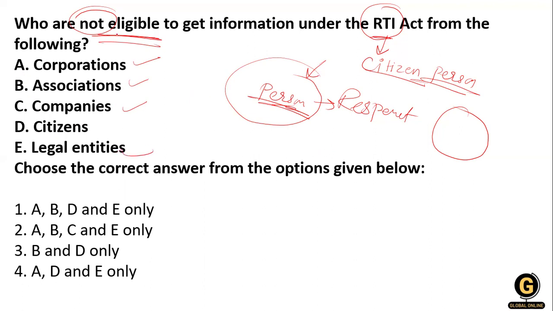So who is not eligible? A, B, C and E are not eligible. So option number 2 is right over here.